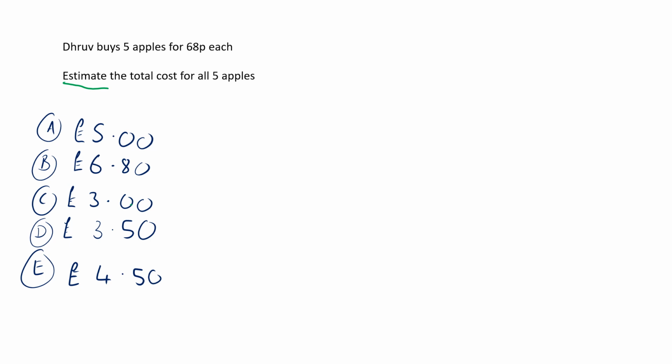It's about estimation. What people often try to do in this question is 5 times 68, non-calculated potentially. They'd work that out, and then they'd see which of the answers is closest. But actually, what I'm going to do is round that 68 pence. Roughly speaking, each of those apples costs 70 pence.